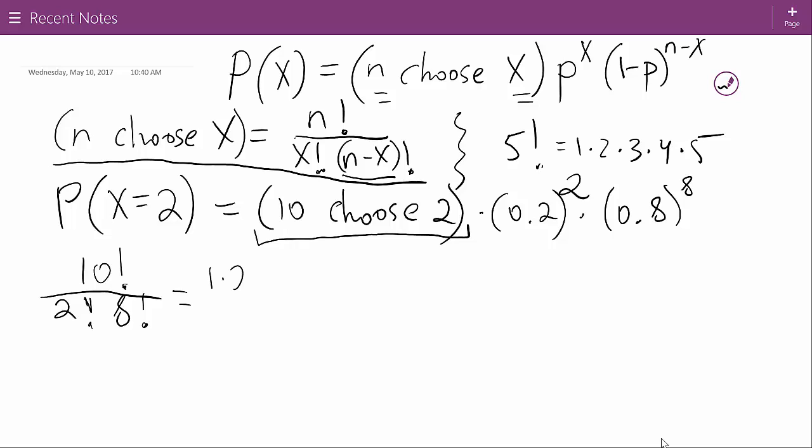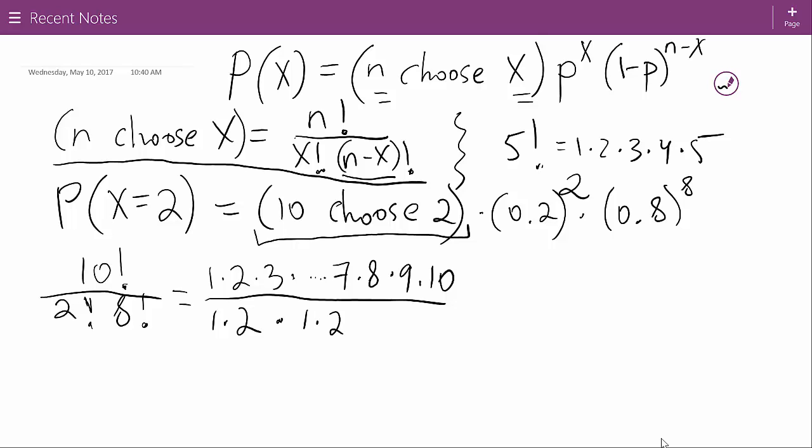It's 1 times 2 times 3 times ... up to 7, 8, 9, and 10, divided by 2 factorial, which is just 1 times 2, nothing more, and multiplied by 8 factorial, which is 1 times 2 times 3 up to 7 times 8.